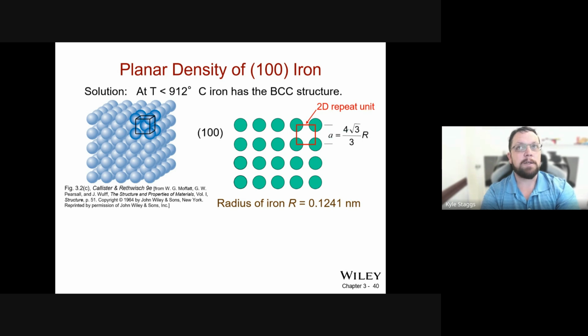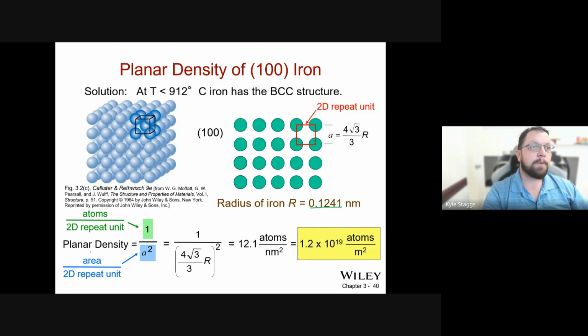The A value is 4 times √3/3 times the atomic radius being 0.1241. So the planar density is number of repeat atoms, so 1 in this plane. Again, a plane being a 2-dimensional slice of this thing, but it's a 2D unit that we're doing the evaluation on. So 4/4 makes a whole.